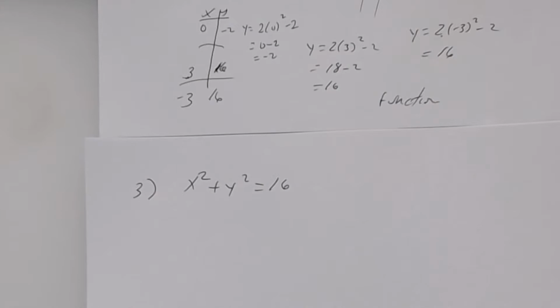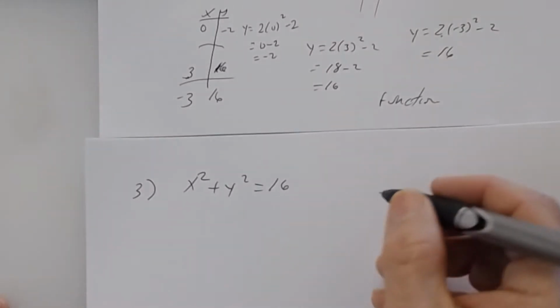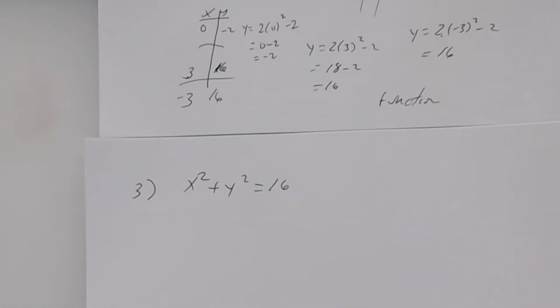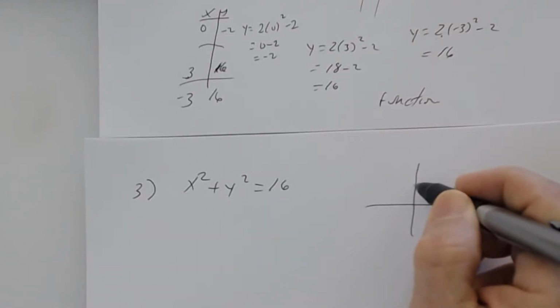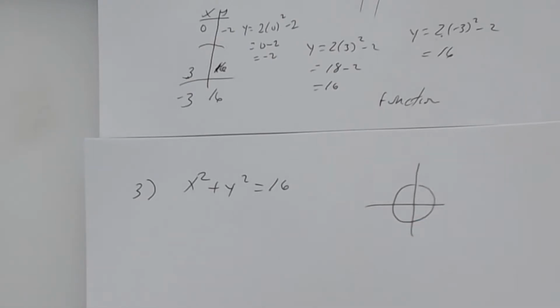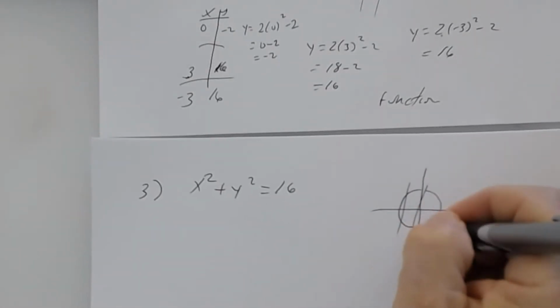Remember you had circles in the last test? x squared plus y squared equals 16. You have a circle because both x and y are being squared. In fact, let me ask you this, and you should be able to tell me. Where's the center? At the origin. Good. What's the radius? Very good. 4. So here's a circle. That's that graph. So it fails the vertical line test, right?